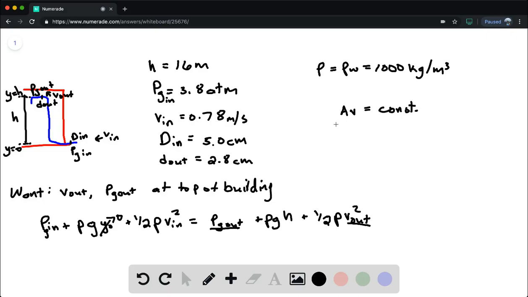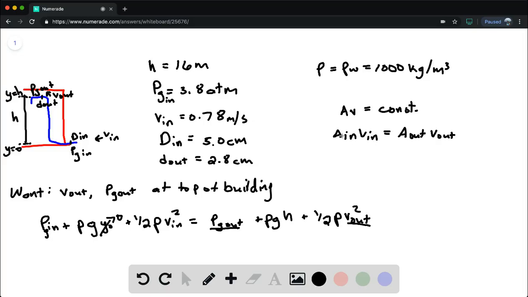This is the volumetric flow rate, which will be a constant. So the cross-sectional area at the input times the input velocity will be the same as the output area times the output velocity. So this pipe is wider, and it's going to shrink down.